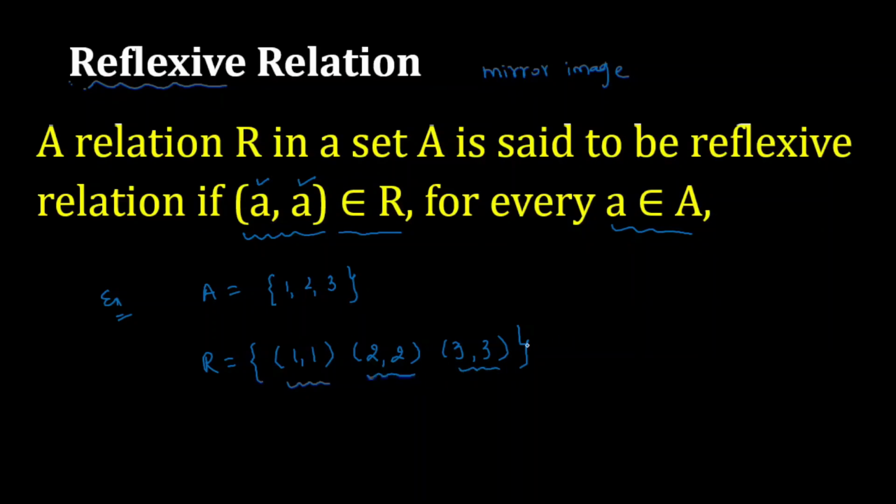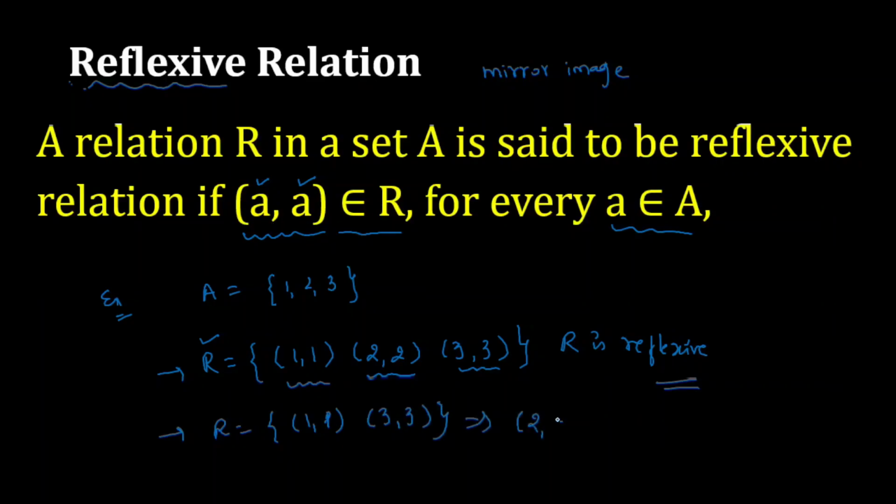So if all these belong to the relation R, then we say that R is reflexive. Otherwise, for example again, if we consider R equals (1, 1) and (3, 3), what we say here is (2, 2) does not belong to R. Therefore, R is not reflexive.